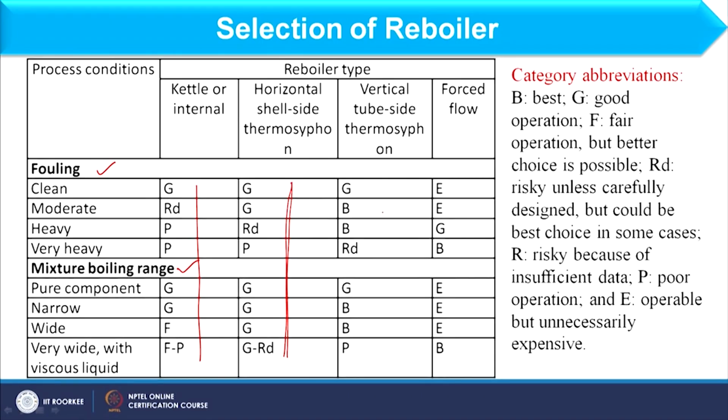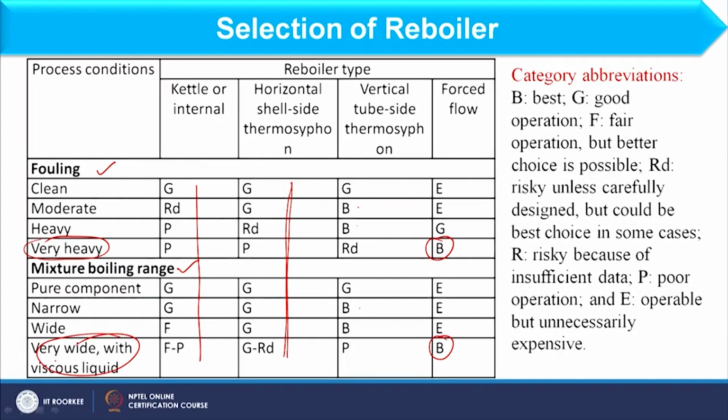However, we can have B 1, 2, 3 and 4 for the vertical tube side thermosiphon, and for forced circulation we have B like this, where we are dealing with heavy fouling liquid and highly viscous liquid.